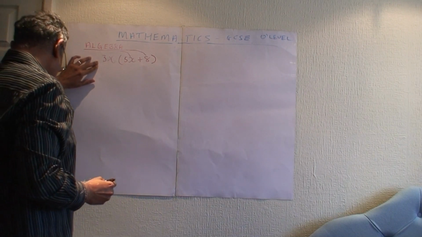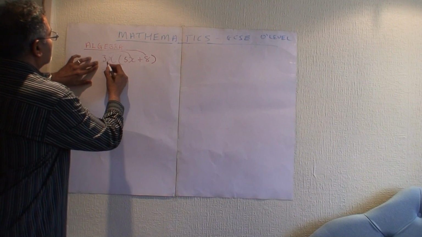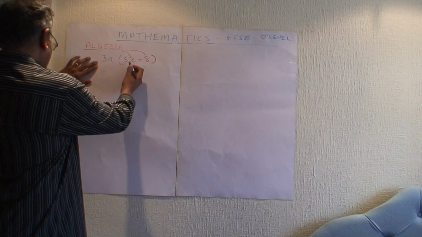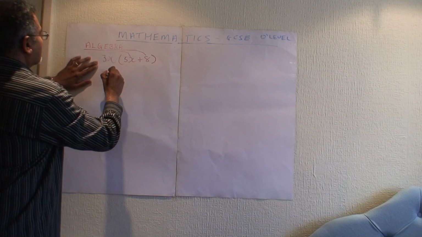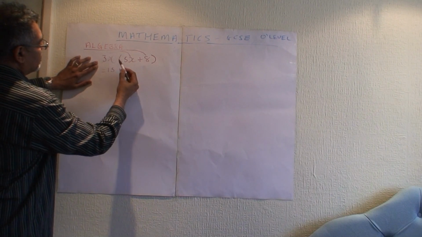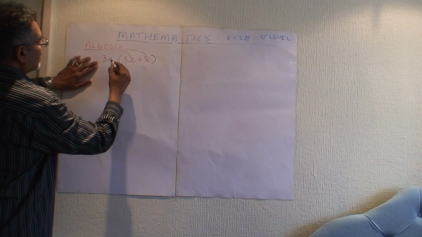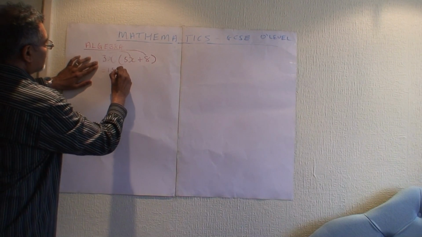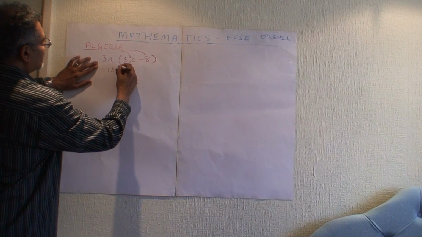So how we do it: 3x multiplied by 5x is 15, right? 5 multiplied by 3 is 15. But we have the x, and because x and x, it becomes squared.